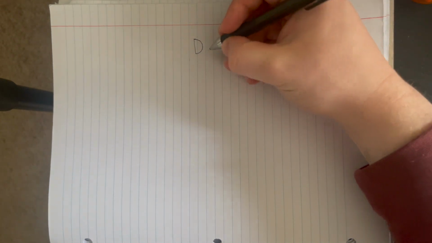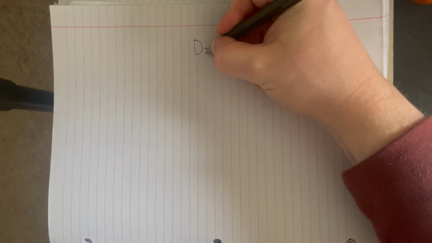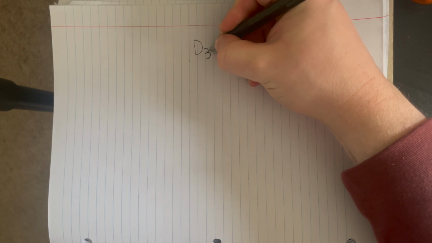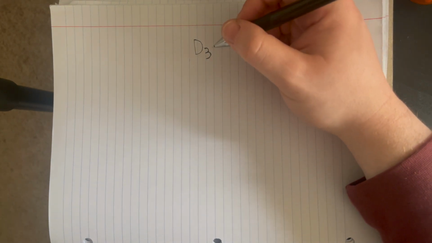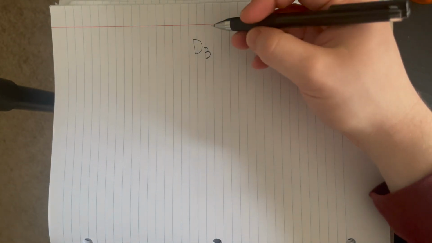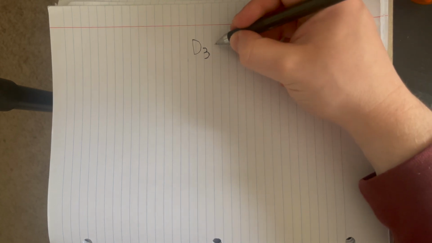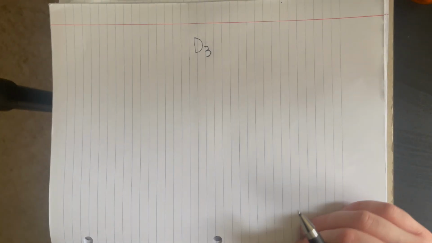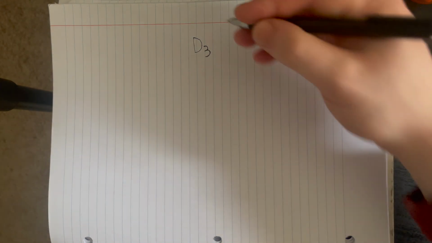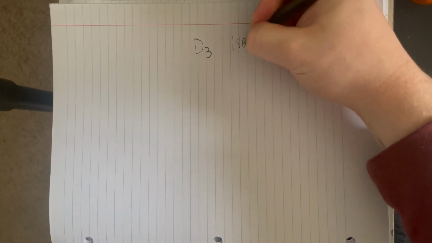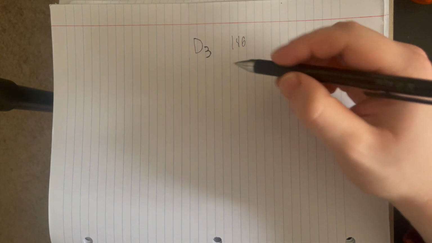So actually I wrote down D3, which I don't think that's right, but we'll take D3 as an example. This is the fundamental. This is 146 hertz on a string.